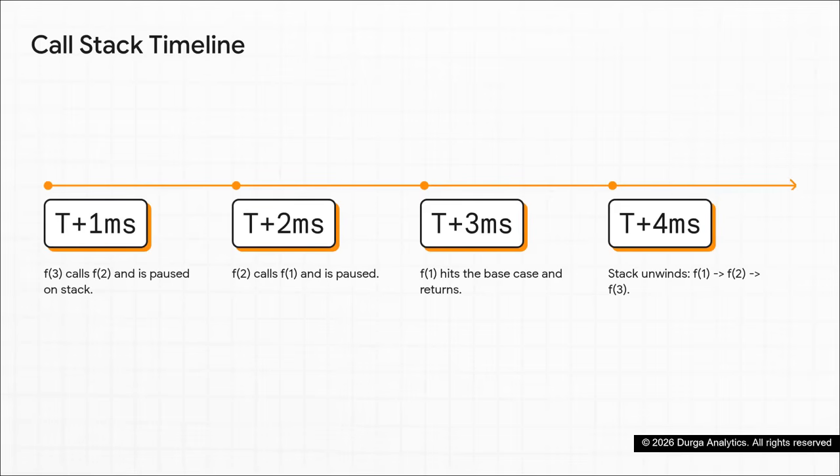When a call finally hits that base case and finishes up, it gets popped off the stack, and the function call sitting right beneath it resumes with the returned result. Because a stack operates on a last-in, first-out, or LIFO principle, these calls unwind in the exact reverse order they were made. It is just standard, reliable stack bookkeeping.